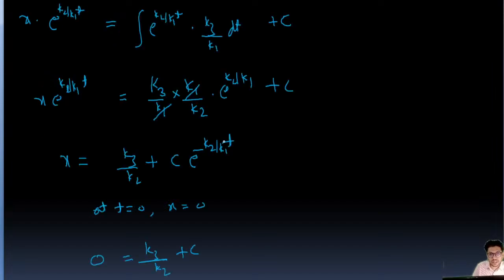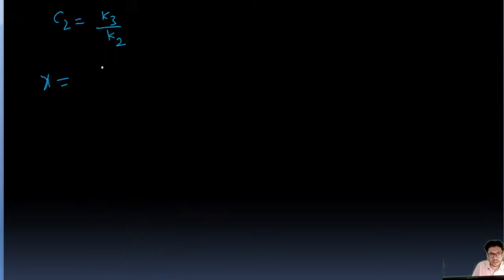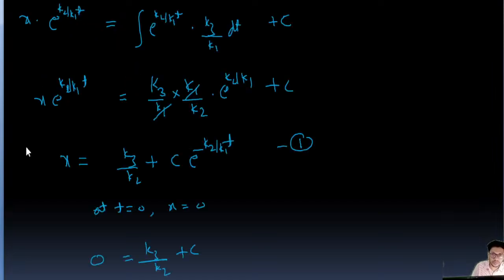We can say this is equation number 1. Okay, so this is going to be k3 upon k2, this is minus, guys. k3 upon k2 we will take common in this equation, because the c value is minus k3 upon k2, right?